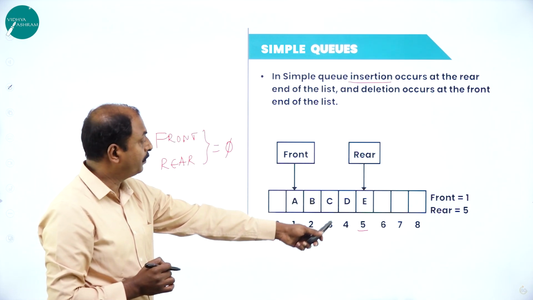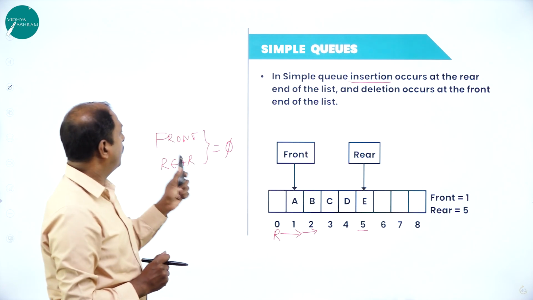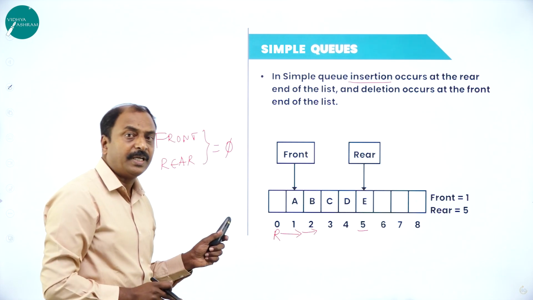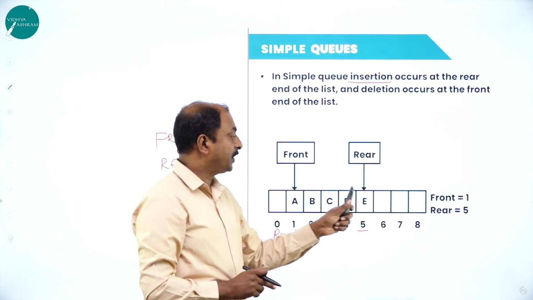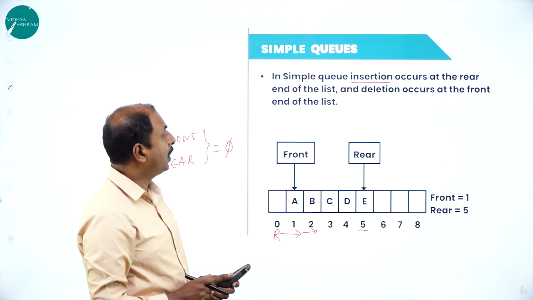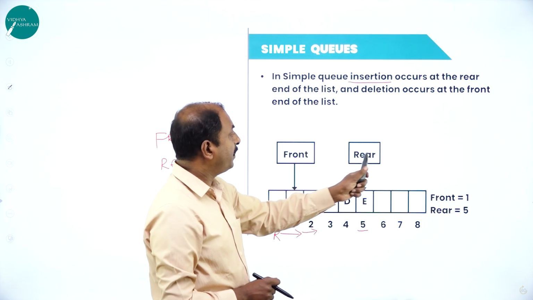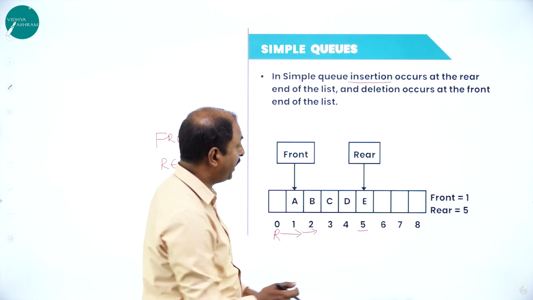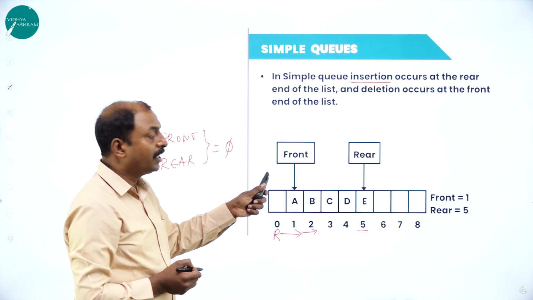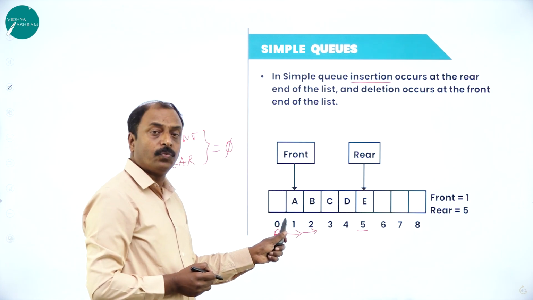In this example, please understand, at the beginning both of them point to 0, which means it is an empty queue. After inserting a few elements into a queue, now look at the position of the rear and front pointers. The rear pointer at this stage has a value of 5, and the front pointer is pointing to index 1.